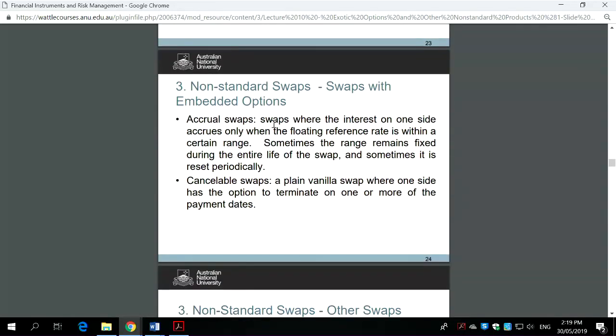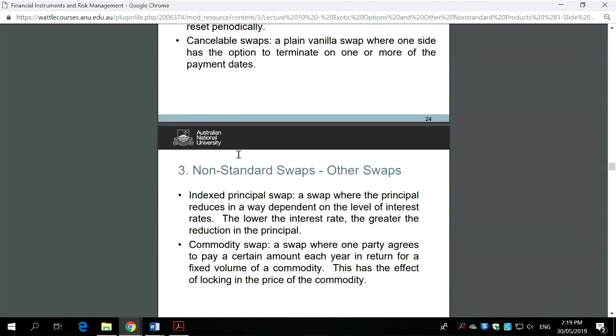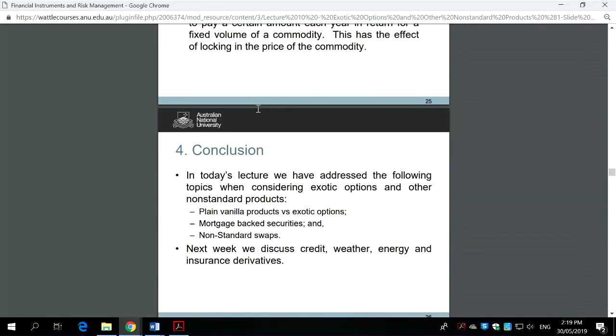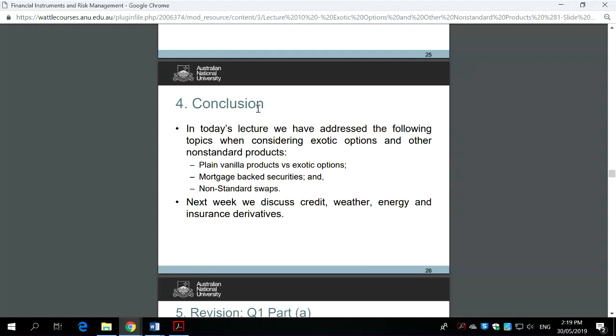Accrued swaps, you don't need to know. Cancelable swap, nope. Commodity swap, nope. Indexed one, nope. Credit default swap, yes. Is that clear? Basically, you need to know credit default swap, total return swap, currency swap, and interest rate swap. Interest rate swap including the one we designed for the liability, the one we designed for the investments. Is that clear? That's clear, right?